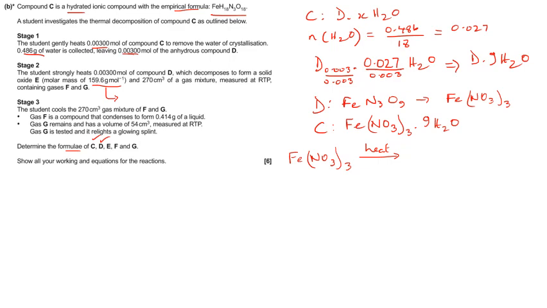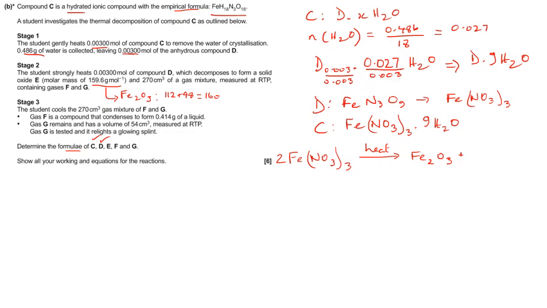It's too big for iron(II) oxide, so it must be Fe2O3. Let's just check. Iron's about 56, so 56 times 2 is 112. Oxygen is 16, times 3 is 48. 112 plus 48 is 160. Cool, so we know we're going to get iron(III) oxide out like that, and we need 2 of those.